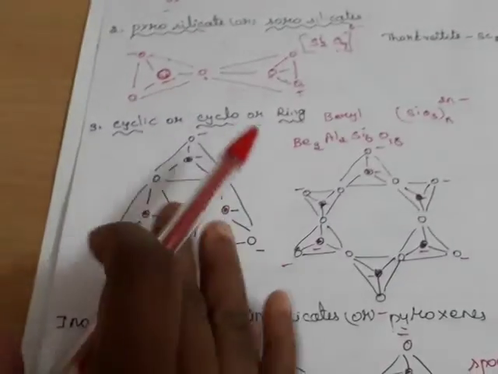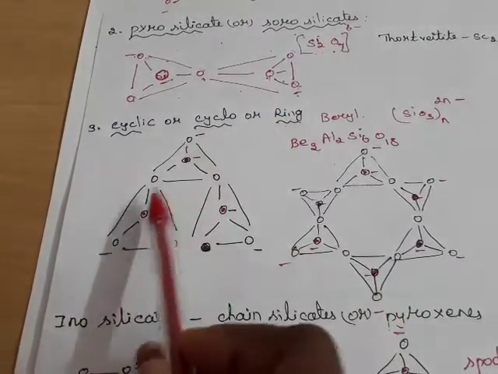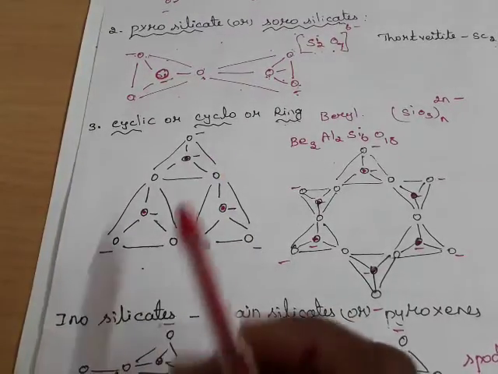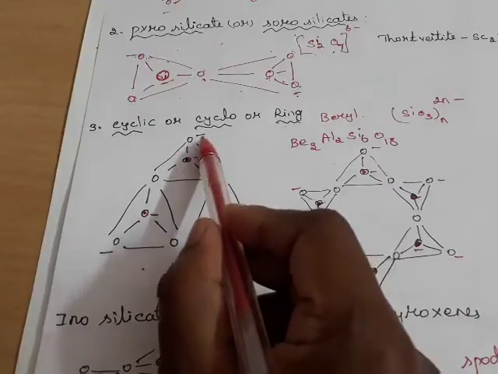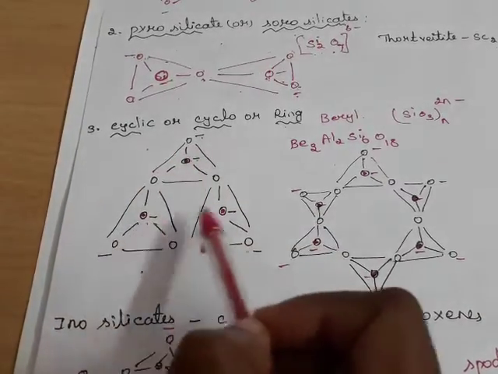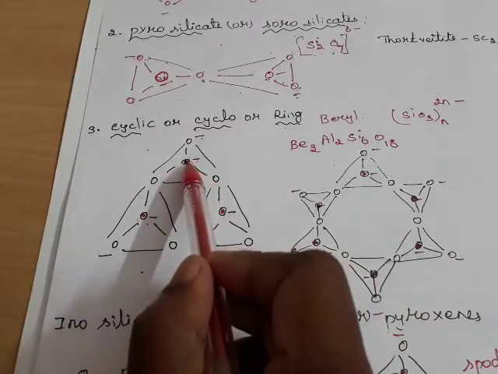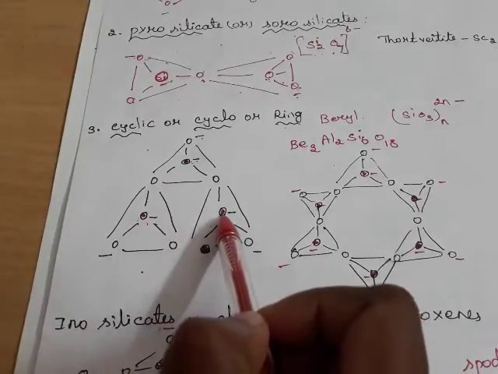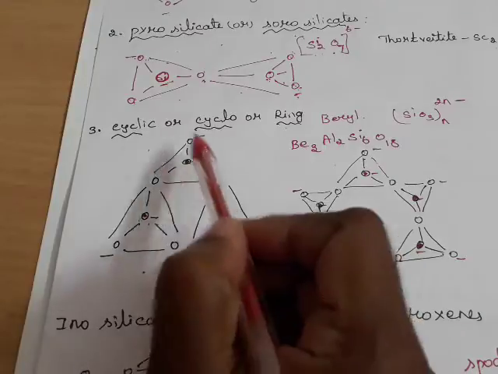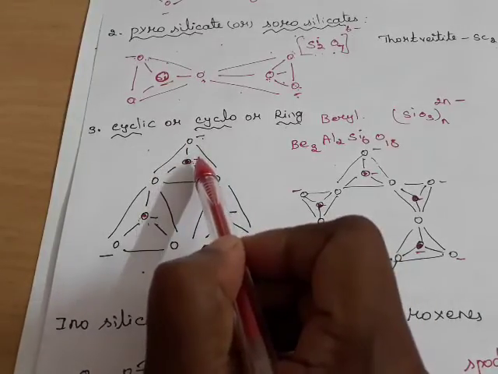Next we are going to see the cyclic silicate, or cyclosilicate, or ring silicate. This is the structure for the silicate. In the center there is silicon, and at the back side the oxygens carry minus ions.